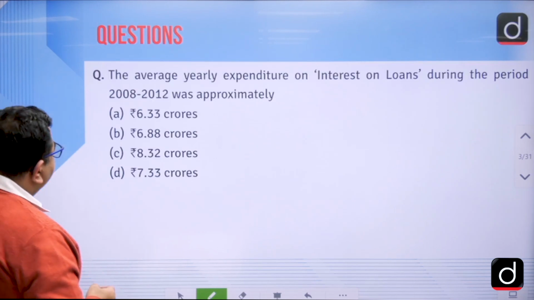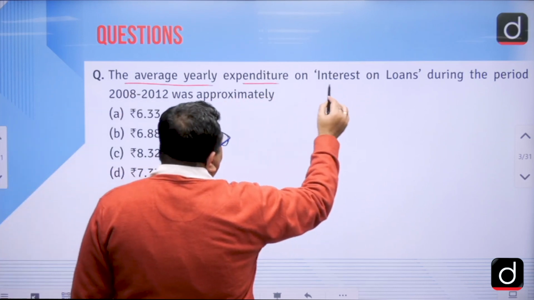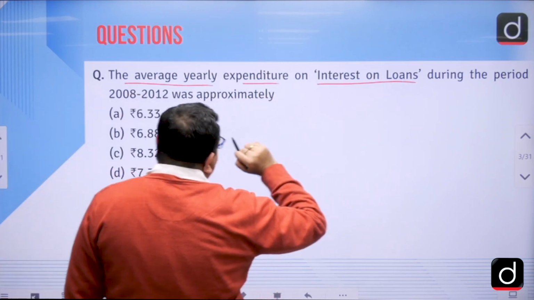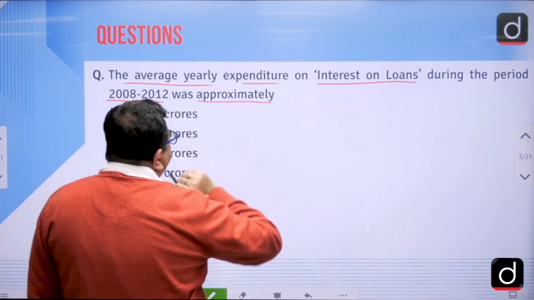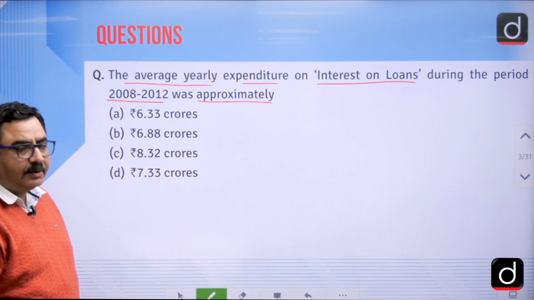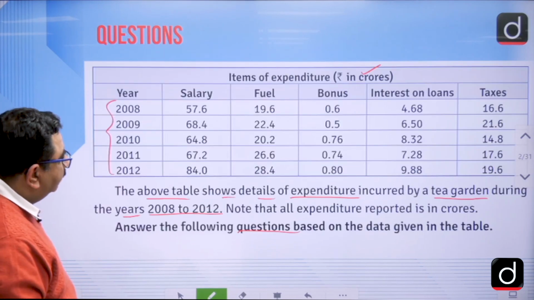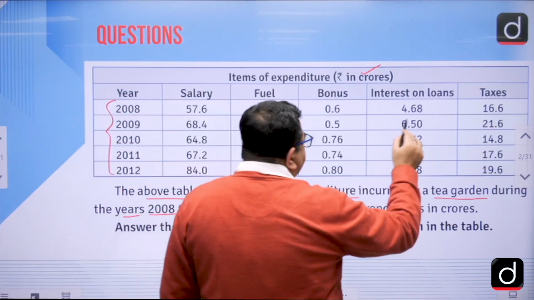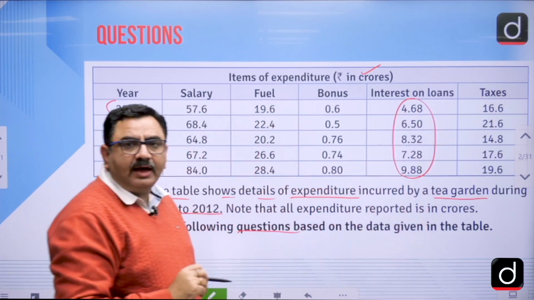The first question is, the average yearly expenditure on interest on loans during the period 2008 to 2012 was approximately what? So we have to find the average expenditure on interest on loans. This is the data, and we have to simply find the average of all.